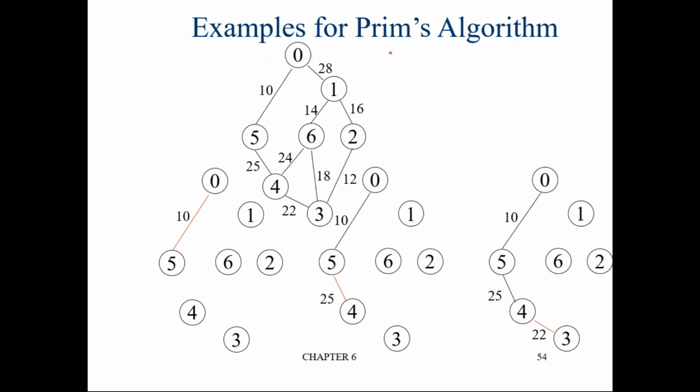One is called the vertices visited. The vertices visited list will initially have one vertex, which is 0, the root vertex. Before the algorithm starts, we assume that the root vertex is visited, because we are going to start with the root vertex.